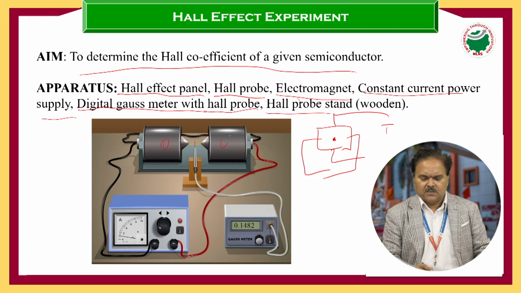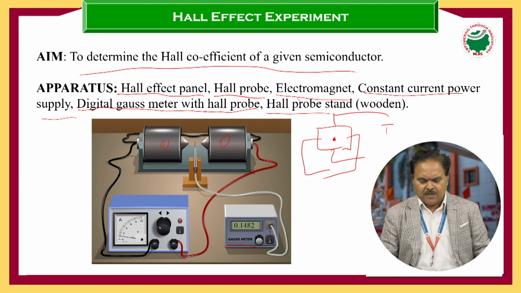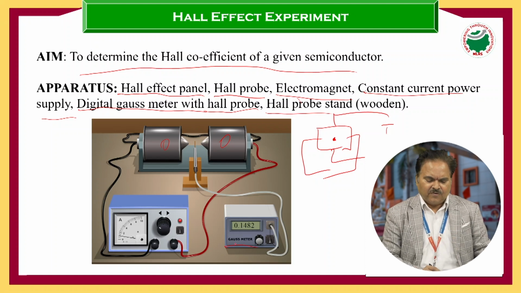These two blocks are electromagnets. If you send current, a magnetic field is induced. That magnetic field is measured by this gauss meter, which directly shows how much magnetic field there is for this current.